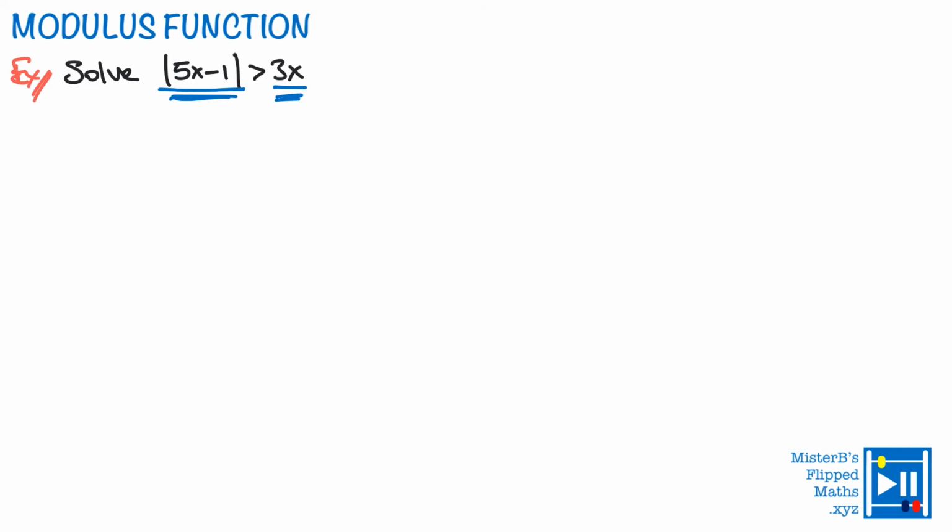Now, let's see what we're going to do. Again, I'll be sticking to the definition, and I will be considering this as an equation first. So I'll go like 5x minus 1 equals 3x, or minus 5x minus 1 equals 3x, because I need to find where these two functions intersect.